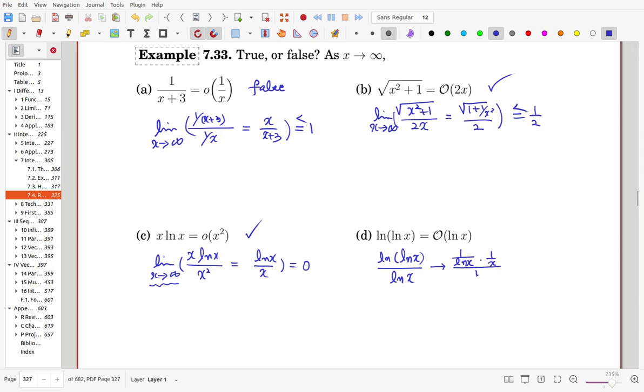The derivative of the bottom is 1 over x. So it is the same as 1 over logarithm x. As x approaches infinity, we know that this approaches 0, right? So this function is little o of logarithm x. Once it is a little o, then automatically big O, so it is true, okay?